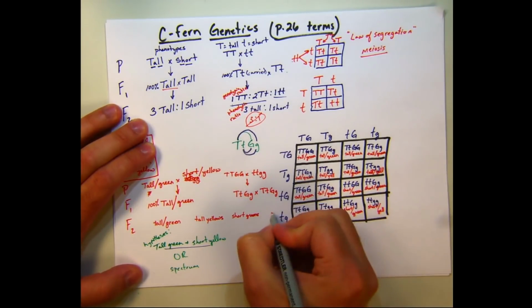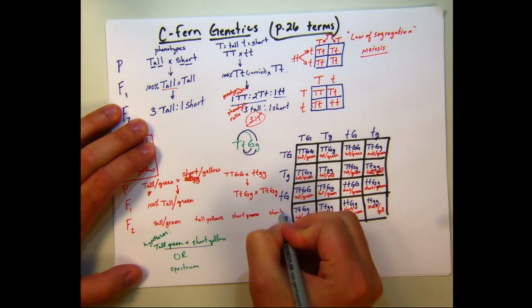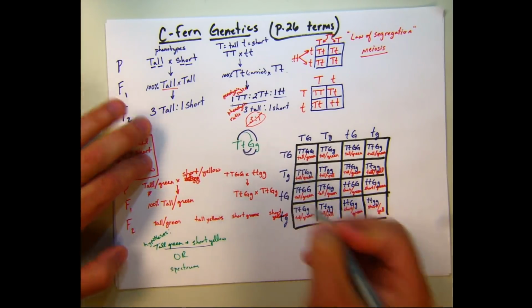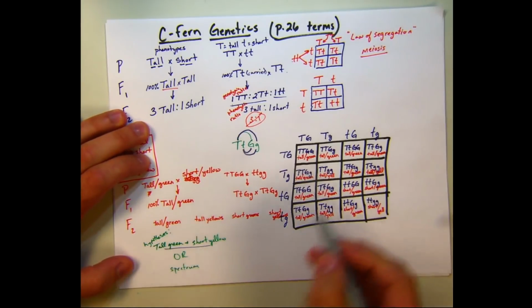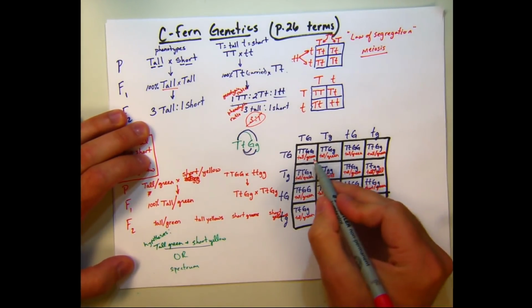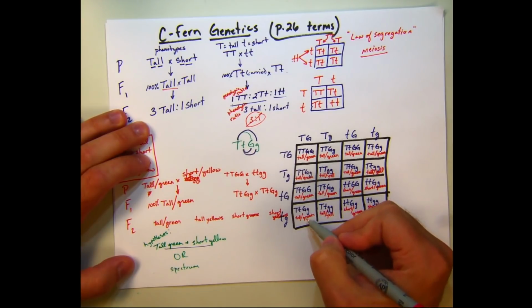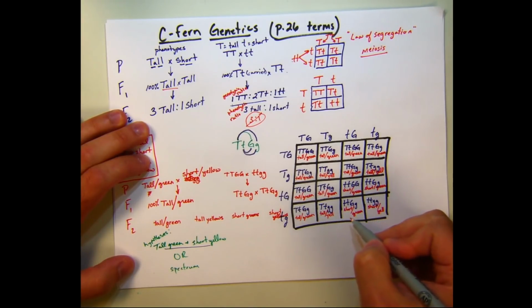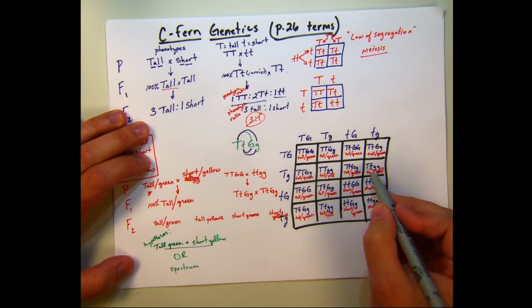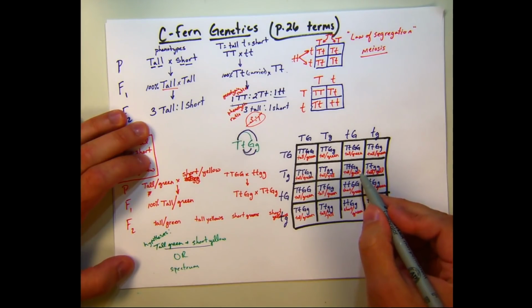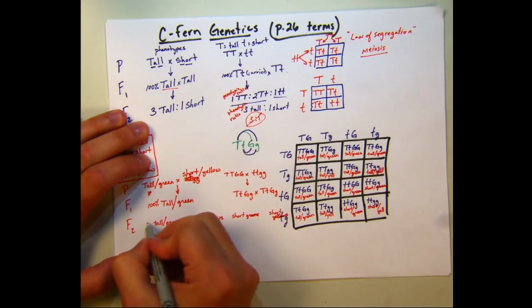And we might have some short yellows. In terms of the tall greens, if you count them up, 1, 2, 3, 4, 5, 6, 7, and missed some, 8, 9. There we go.